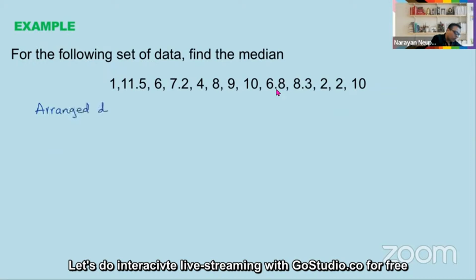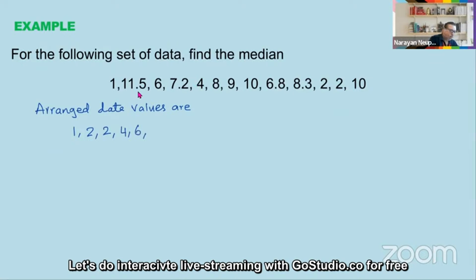Arranged data values are, what is the smallest value there? 1. What is the next one? How many 2s are there? 2 of them. Here is a 2, here is a 2, right? What is the next number? 4. Next? 6, right? There is no 5. This is 11.5, right?